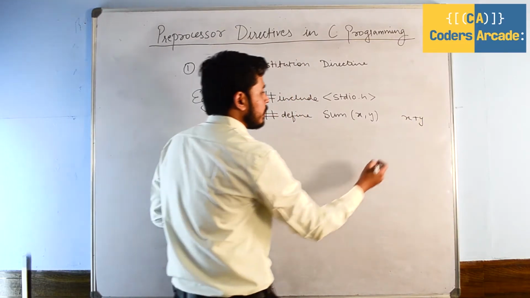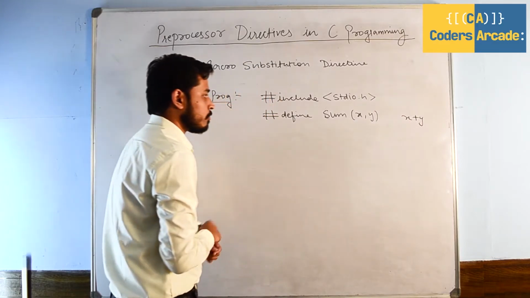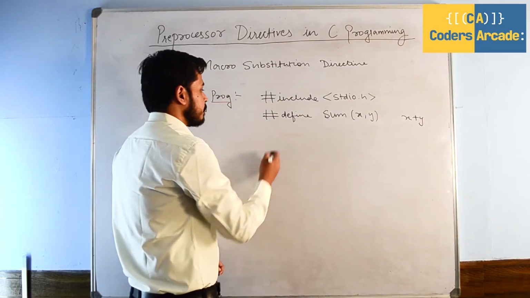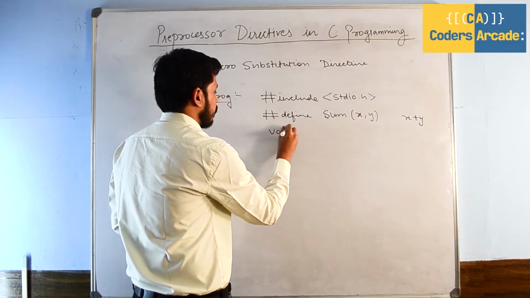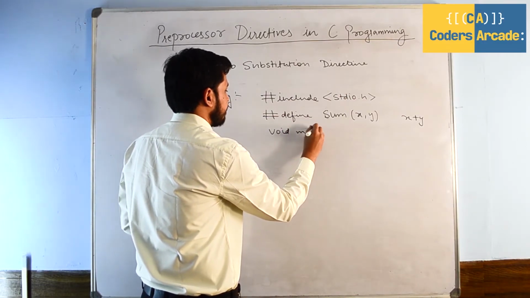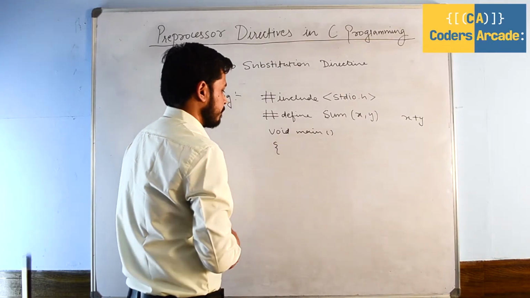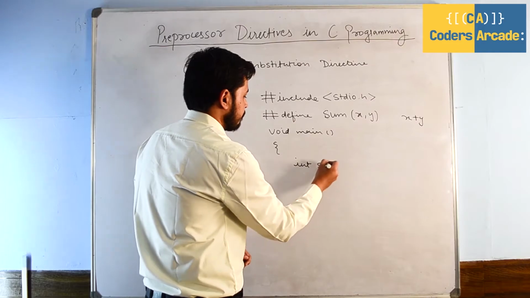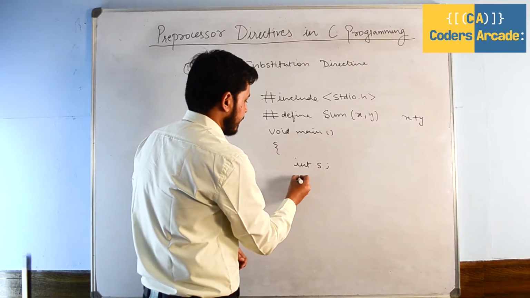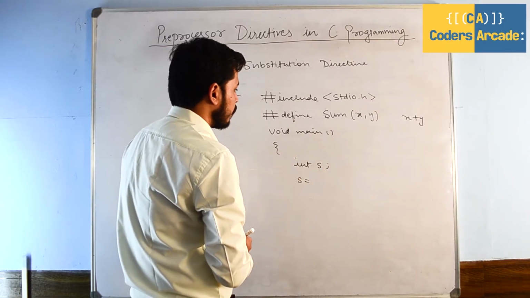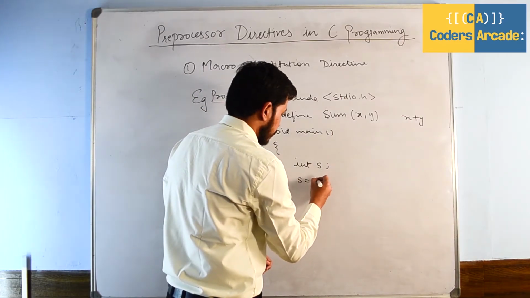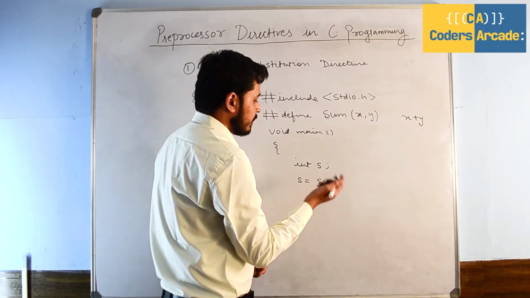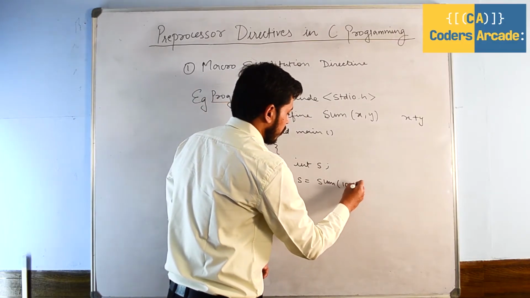Right? There is one space here and one space here. Now we will write our main function. So void main. Inside our main function, I'm going to declare a variable called s, and using this s, I am going to do this, which is SUM of, now instead of x, y, I will give the values, let us say 10, 20.